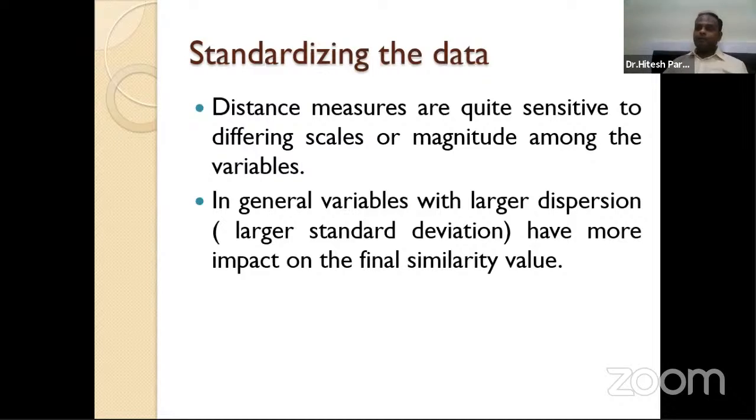But if your clustering variates are measured on different types of scale, maybe one variable is measured on a 5-point, second on a 7-point, third on a 10-point, fourth maybe in absolute numbers, then you need to tick the standardizing option before running the analysis.